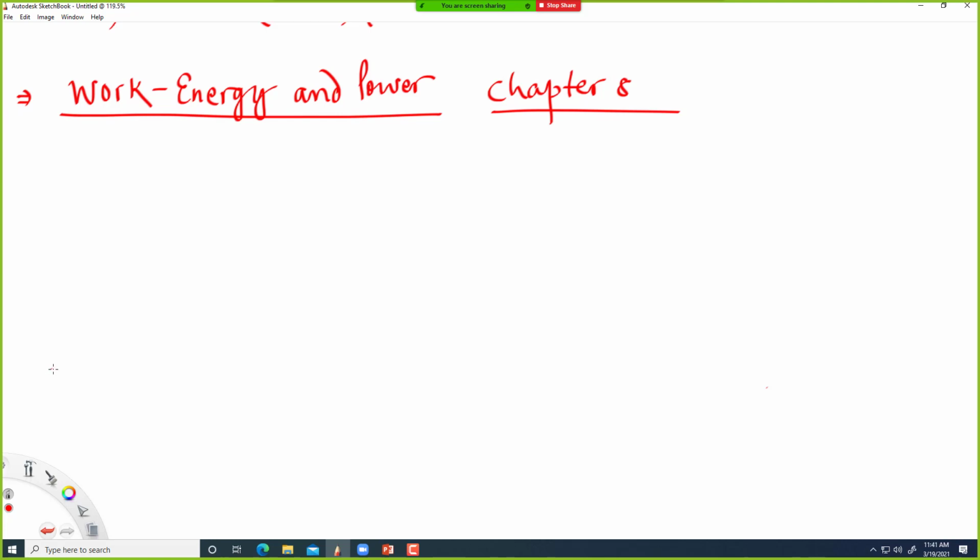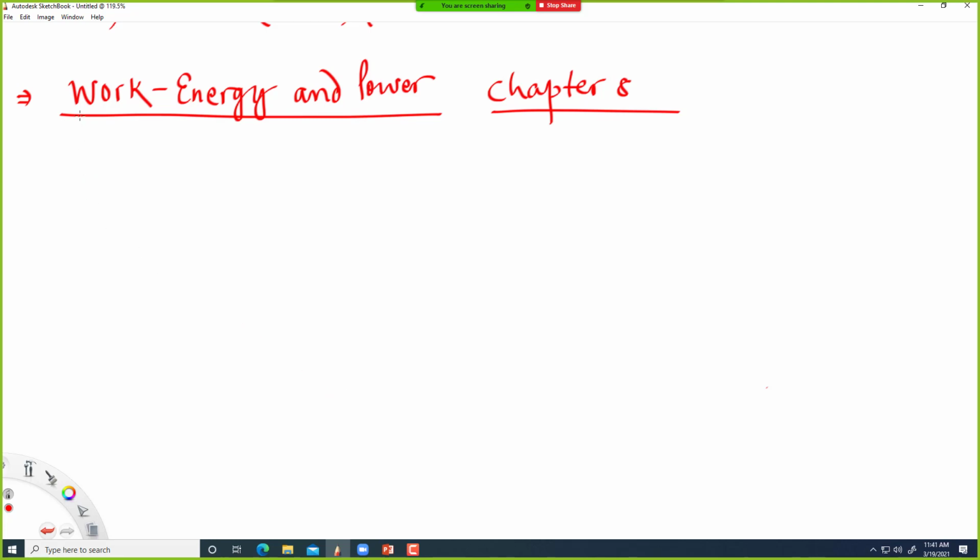In real life, if you are doing some kind of action, whether you are reading a book or sitting on a desk and working on your computer, that's said to be work in actual life. But in physics, work has a particular meaning. So sitting on a desk and working on a computer is not work in physics.